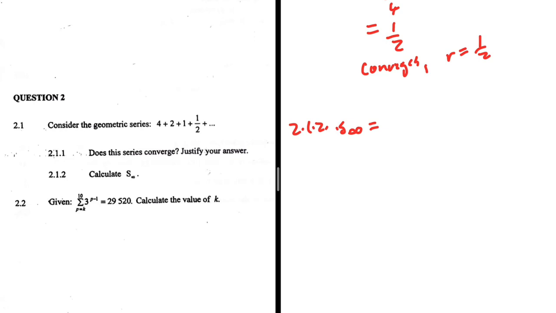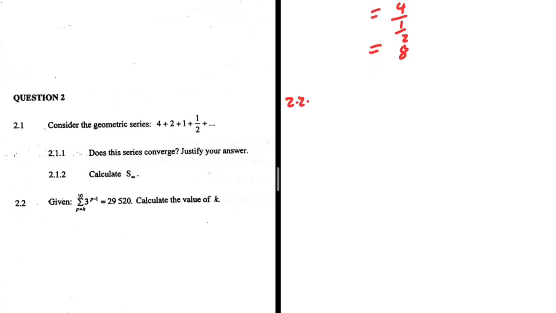Anyway, sum to infinity is a divided by 1 minus r. So a is the first term, which is 4, divided by 1 minus r. r is a half. So 4 divided by a half equals 8. So the sum to infinity of this geometric series is 8.